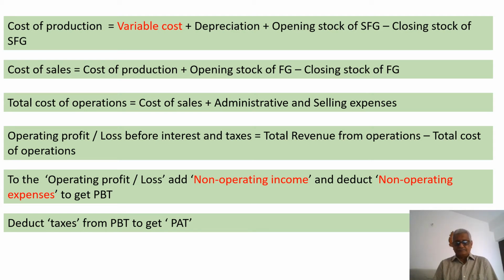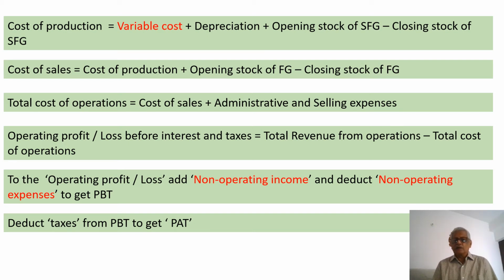Now, after calculating the operating profit or loss before interest and taxes, we have to find out the operating profit or loss after interest. For this purpose, from the operating profit or loss before interest and taxes, deduct the total interest, then you will get the operating profit or loss after interest but before taxes.